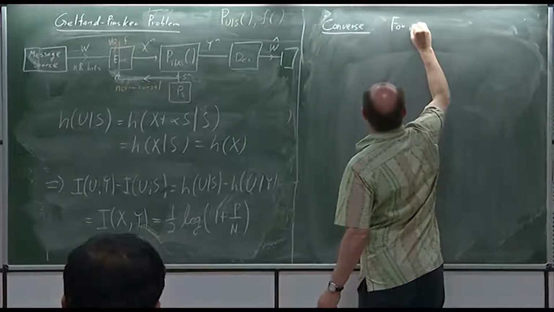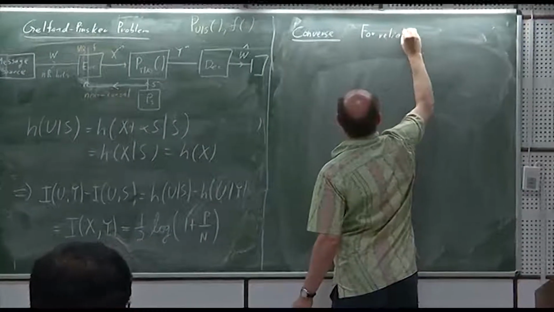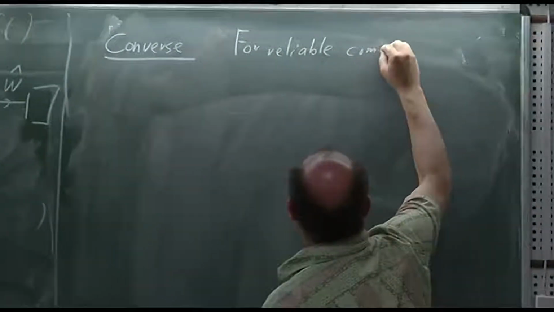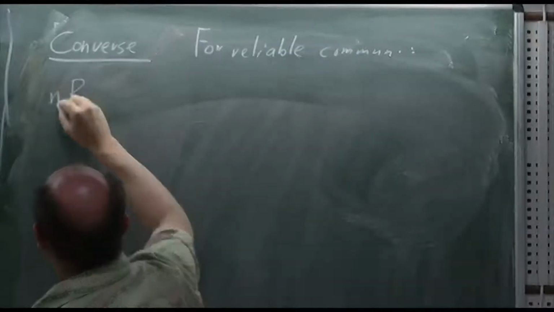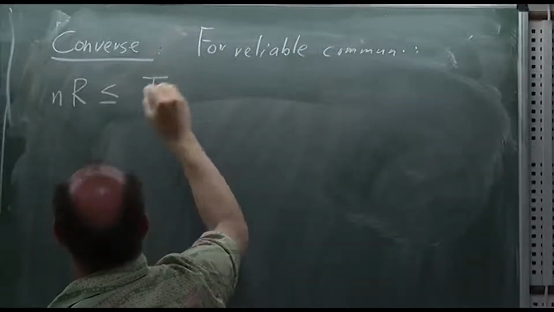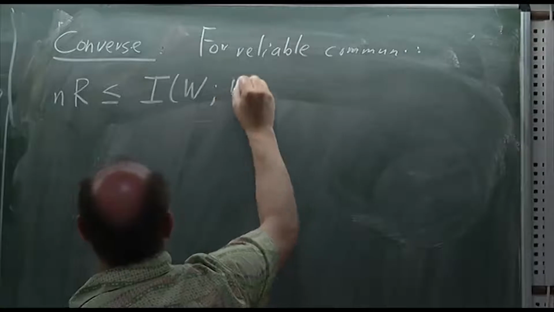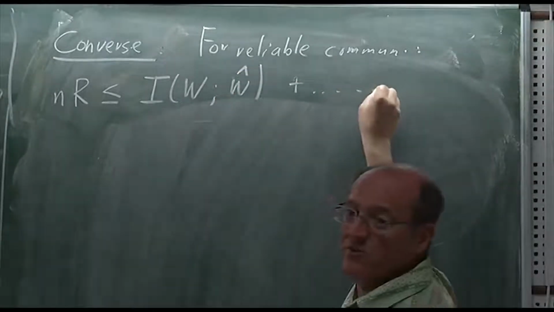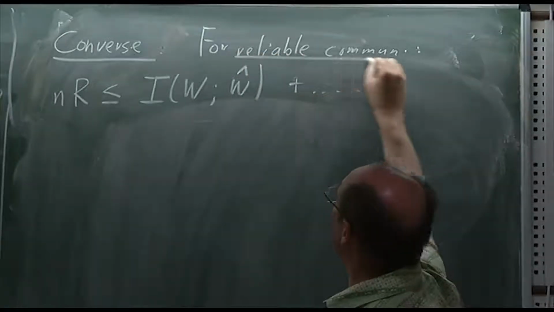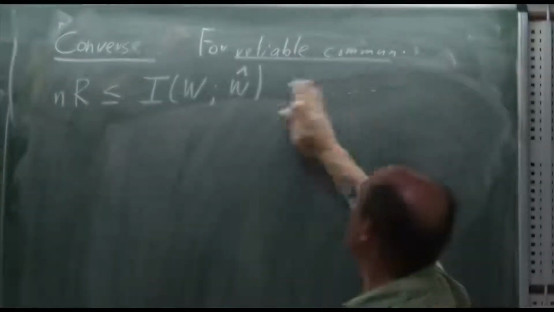Okay, so for reliable communications, we need to have that the rate is less than the end-to-end mutual information. Now most people write some fuzzy stuff here due to Fano's inequality, but that's why I like to say for reliable communication, the error probability goes to 0, then I can just ignore that.